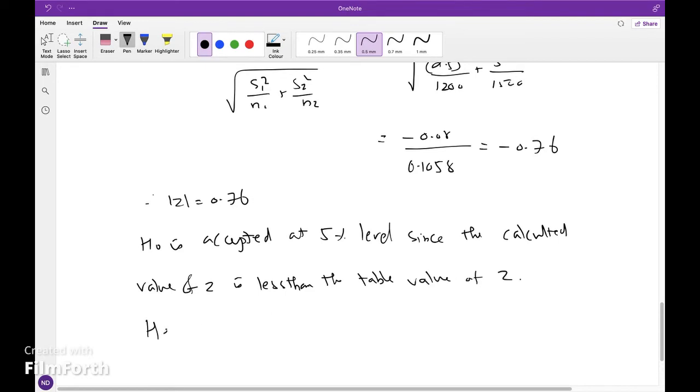Hence, the mean height is the same for the two places.